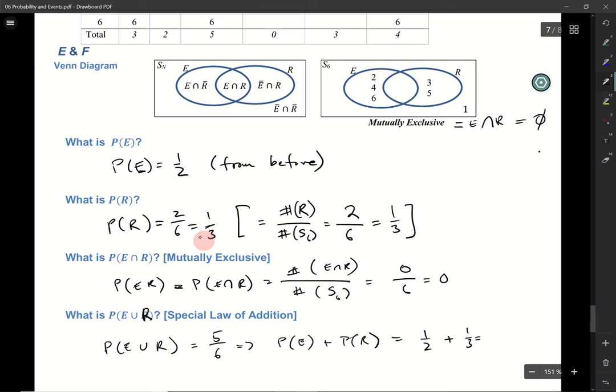So we do 3/6 plus 2/6 equals 5/6. If we want to add 1/2 and 1/3, we have to convert to sixths. So 1/2 is 3/6, 1/3 is 2/6, and then 3/6 plus 2/6 is 5/6.